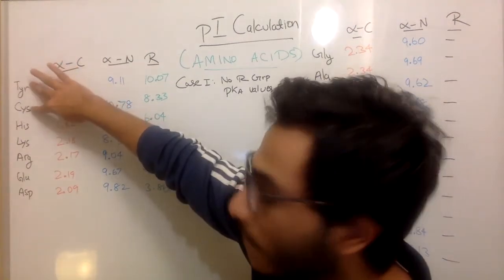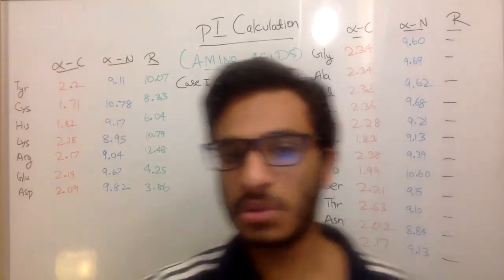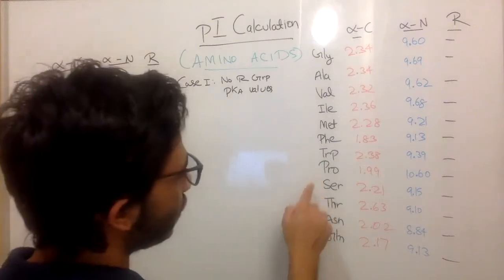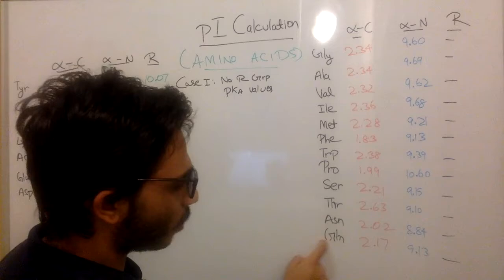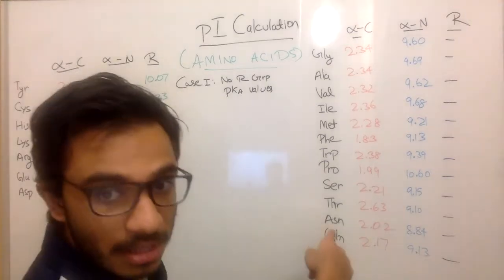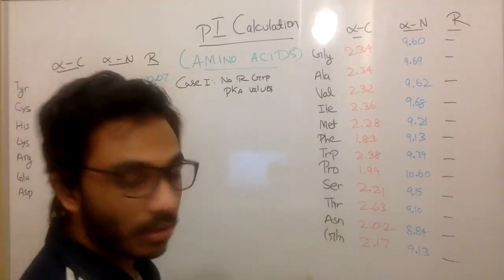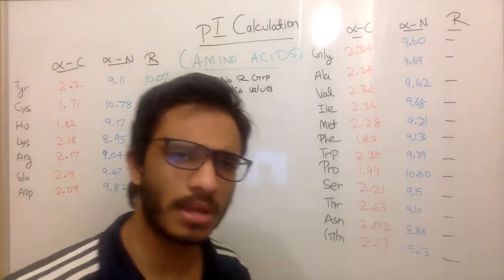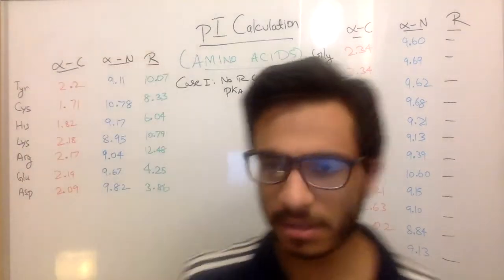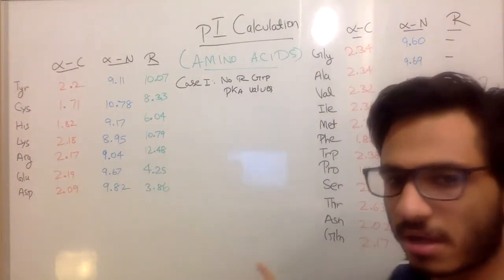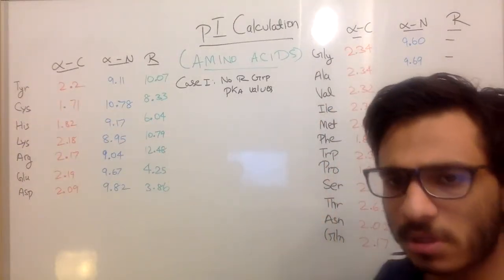and tyrosine, right? Even though serine, threonine, glutamine, and asparagine, these 4 are also polar, they are also in the category of cysteine and tyrosine, they belong to the polar category.